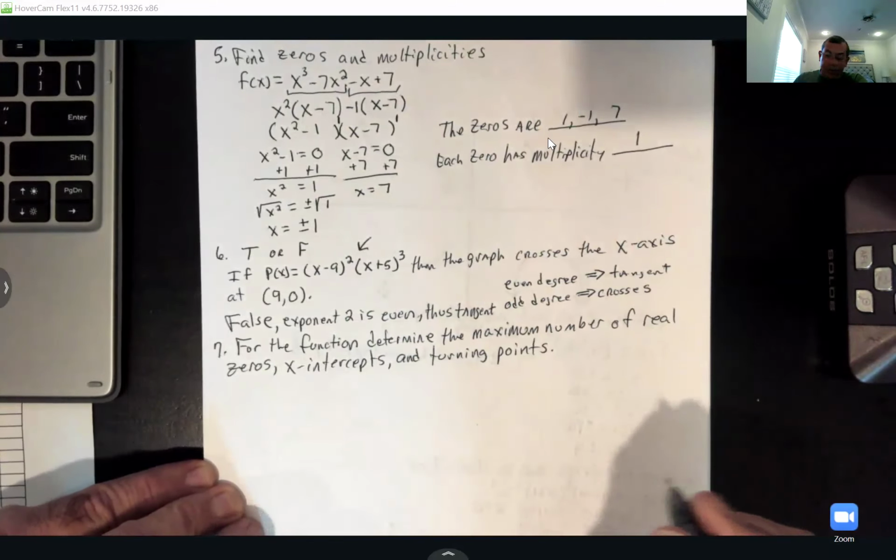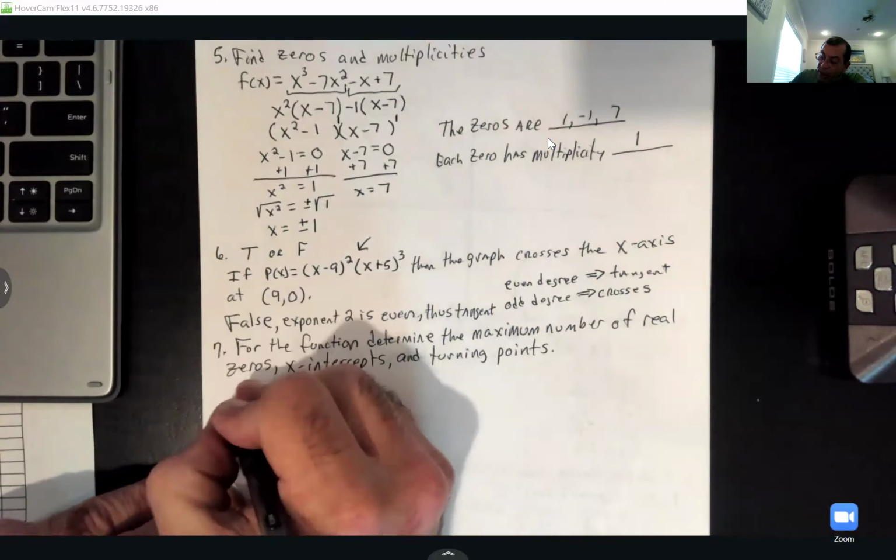Now, let me see what they're giving us. They're giving us f of x equals -3x minus x to the fourth. So we want our maximum real zeros, then our maximum x-intercepts, then our maximum turning points.